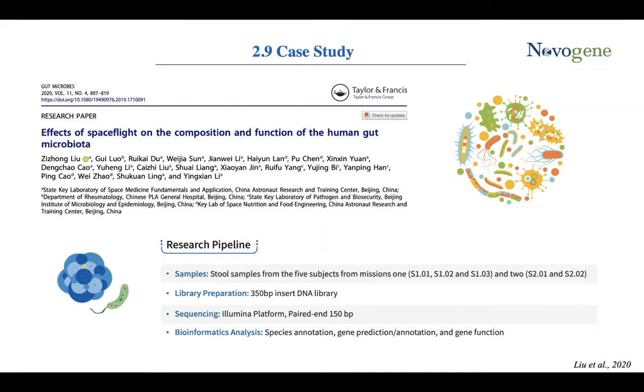So in order to study how spaceflight influences the composition of human gut microbiota, the authors collected fecal samples from astronauts who took spaceflight mission 1.